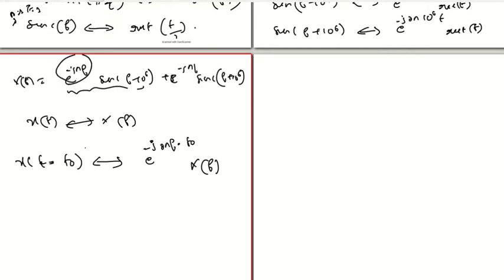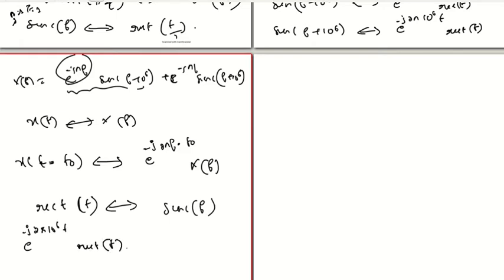Okay, that means our x of t is rectangle of t, right? So if there was a shift, sinc f and e raised to minus j into 2 pi 10 raised to 6 t into rectangle of t was sinc f plus 10 raised to 6, right?